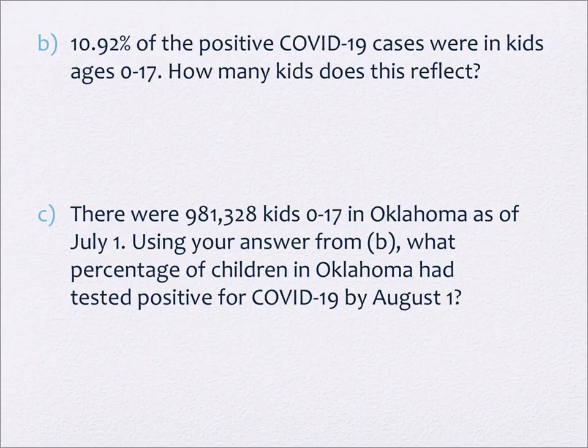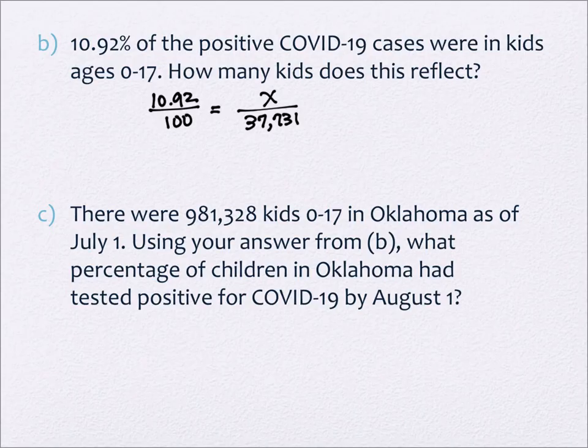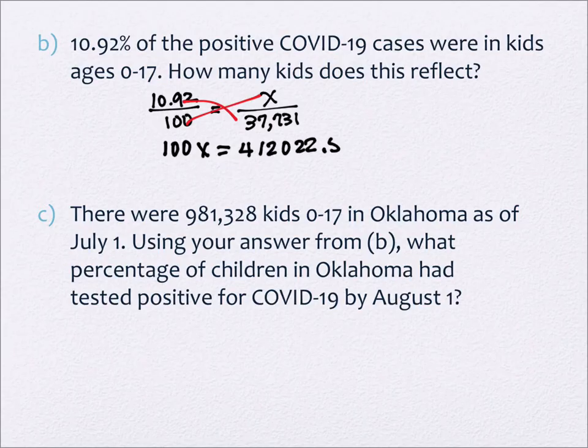Well, it's 10.92% of the 37,731 cases. And we'll cross multiply again. So this is 100x, and it equals, I'm going to spoil all the fun, 412,022.52 is what I have written down.